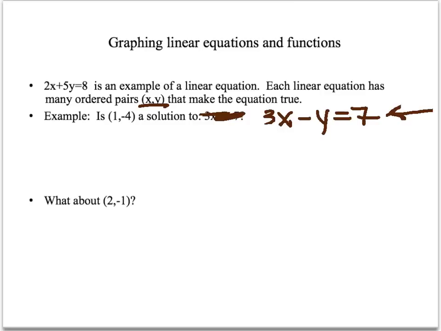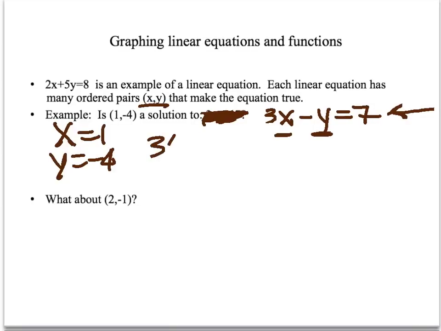So here I've got this all scribbled out because I wrote it wrong. My question is, is the point 1, negative 4 a solution to 3x minus y equals 7? Looking at my ordered pair, I know that my x value is first, so x equals 1, and my y value is second, so y equals negative 4. I'm going to plug in these values into this x and this y and see if it's true.